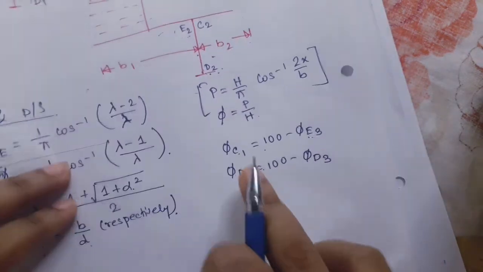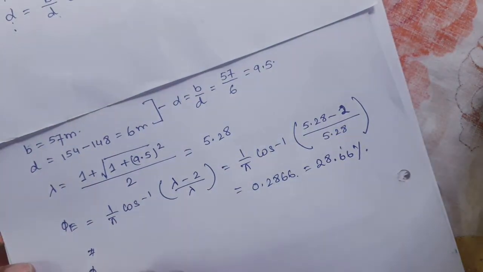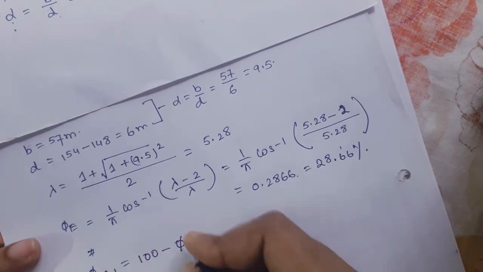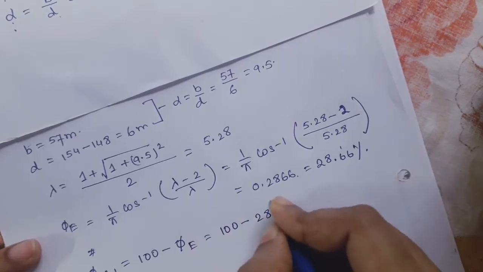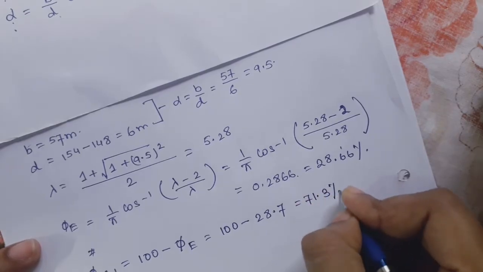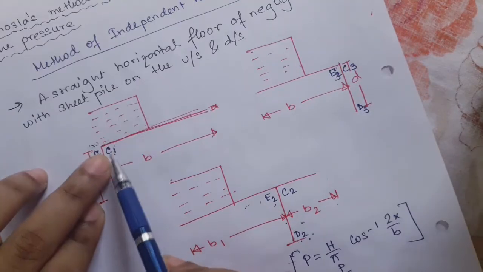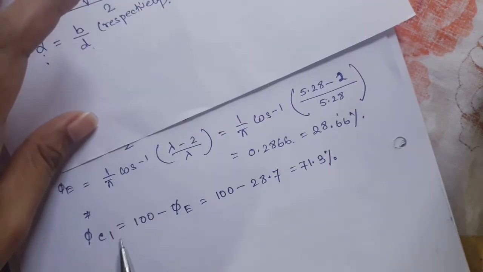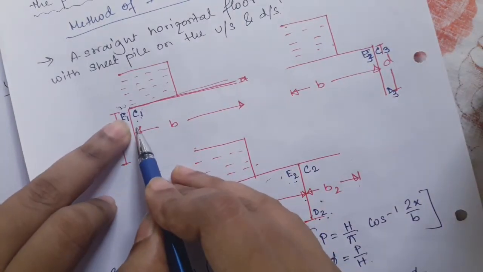As I have described, phi C1 will be equal to 100 minus phi E, so 100 minus 28.66, which gives me 71.3%. So at C1 the pressure is 71.3%.